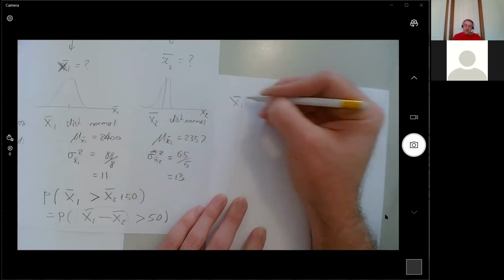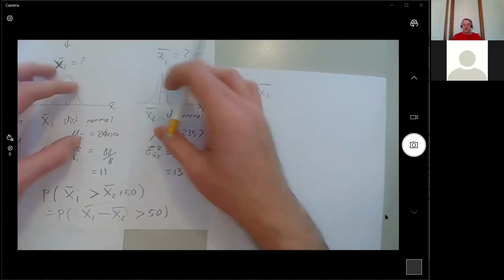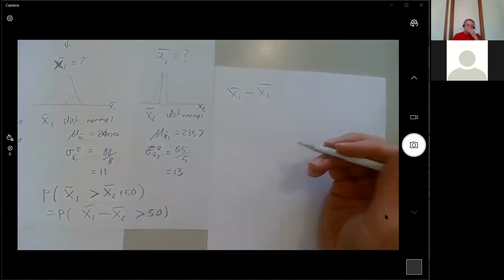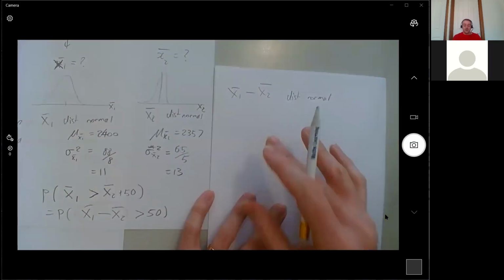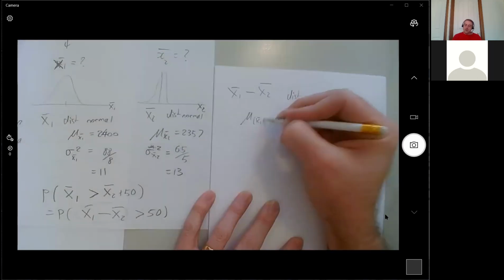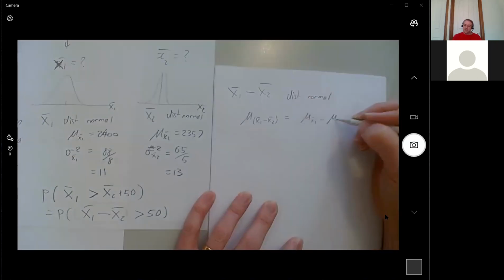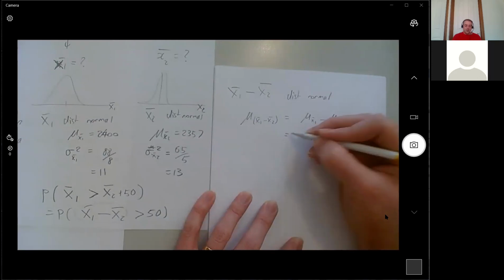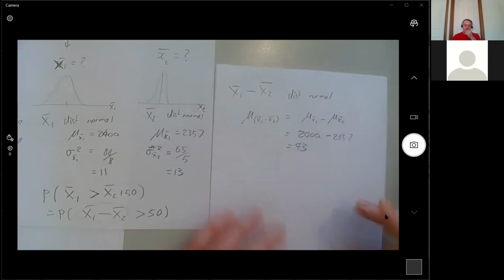So x1 bar minus x2 bar, these two combine together to produce a new random variable, and it should be normal as well. So it's distributed as a normal distribution, and the mean of x1 bar minus x2 bar should be the same as the difference between the other two means, which would be 2400 minus 2357. So 43 is what I get.